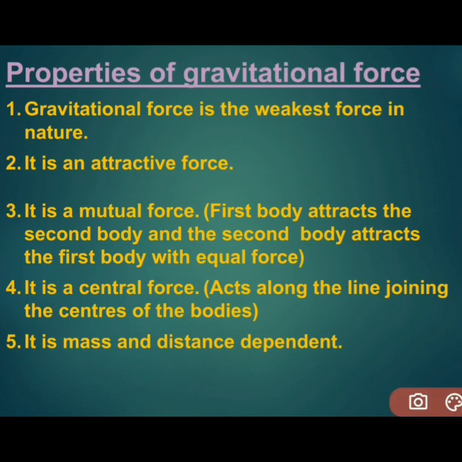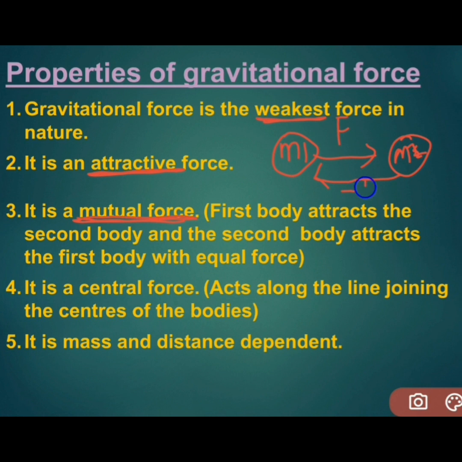So what are the properties of gravitational force? First of all, as I told you, it is the weakest force. Secondly, it is an attractive force, that means it is not a repulsive force. Next, it is a mutual force. What do you mean by a mutual force? Suppose this is the first object and this is the second object. If the first object is applying force on the second object, then the second object will also apply an equal force on the first object.